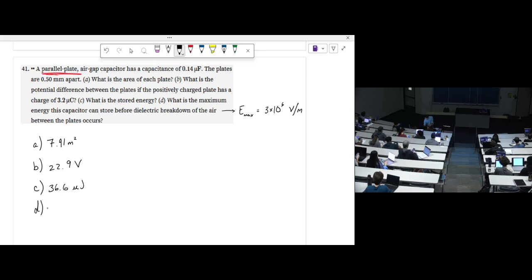And D, you should get 1.58 times 10 to the 5 microjoules. Or you could say that's 3.66 times 10 to the minus 5 joules for C, and 0.158 joules for D.